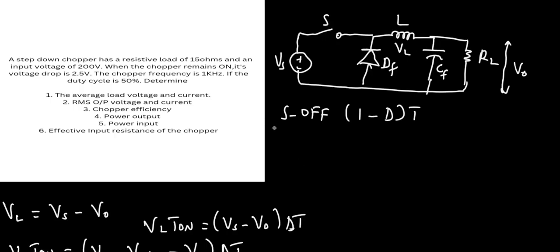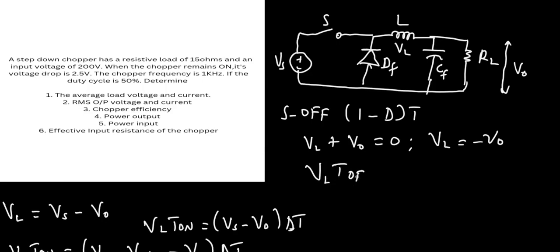So our VL plus V naught will be equal to 0, which gives VL equals minus V naught. And if you multiply both sides of the equation by T off, we are going to take the absolute value of this, right? So you have V naught times (1 minus d) T.